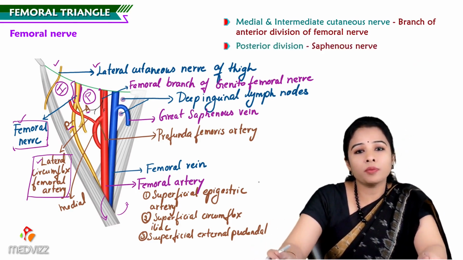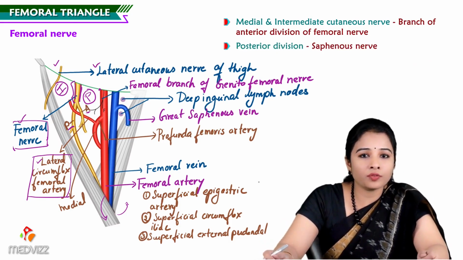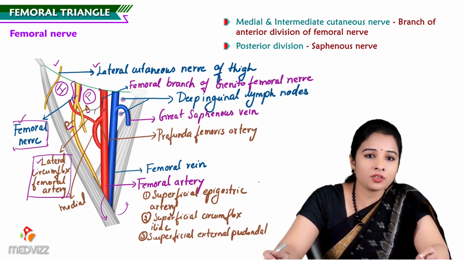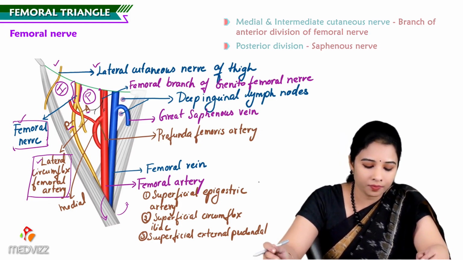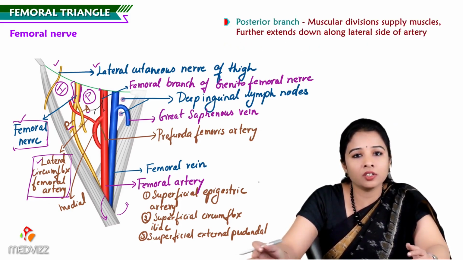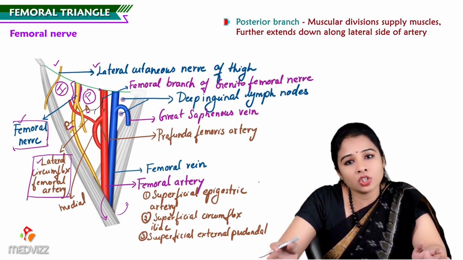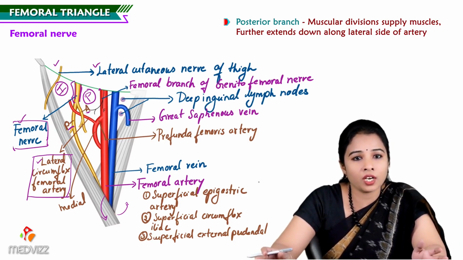Whereas the posterior division of the femoral nerve gives off only one cutaneous nerve, that is called the saphenous nerve. The posterior branch gives off muscular divisions which supply the muscles, and further it extends down along the lateral side of the artery.